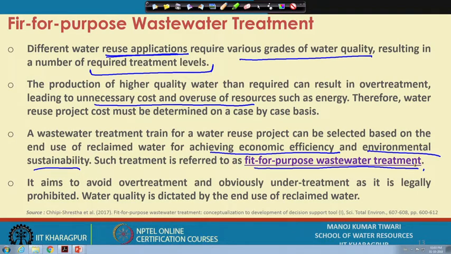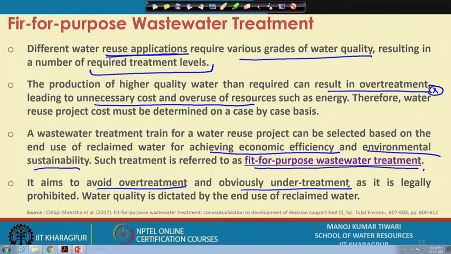Beyond that will result in over treatment, which is not advisable because it leads to unnecessary cost and unnecessary consumption of resources like energy. So fit for purpose water treatment aims to avoid over treatment. Obviously one cannot under treat either, because there are legal and regulatory requirements to treat up to a certain level.